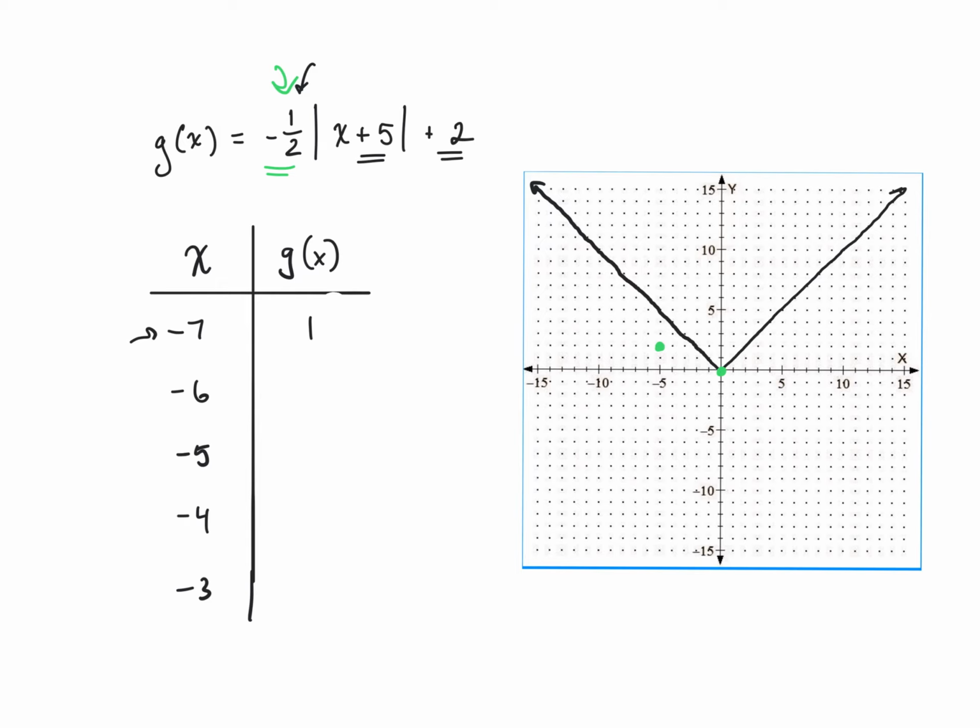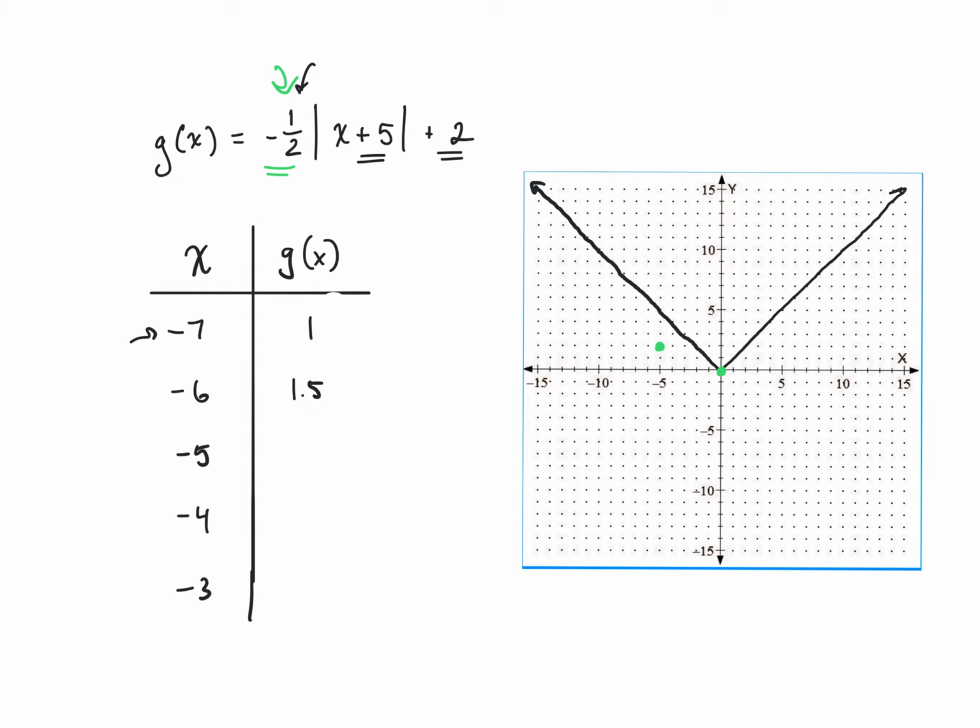If I plug a -6 in, I get the absolute value of -1, and that becomes 1. So -1/2 times 1 is -1/2, and -1/2 plus 2 ends up being 1.5.